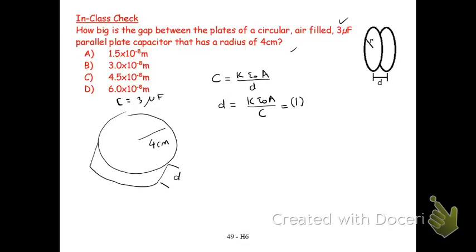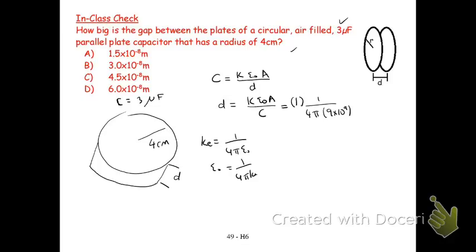So if Ke is equal to 1 over 4 pi epsilon naught, that means epsilon naught is 1 over 4 pi times Ke. So this is going to equal 1 over 4 pi times 9 times 10 to the 9. Is that not Ke? It is.